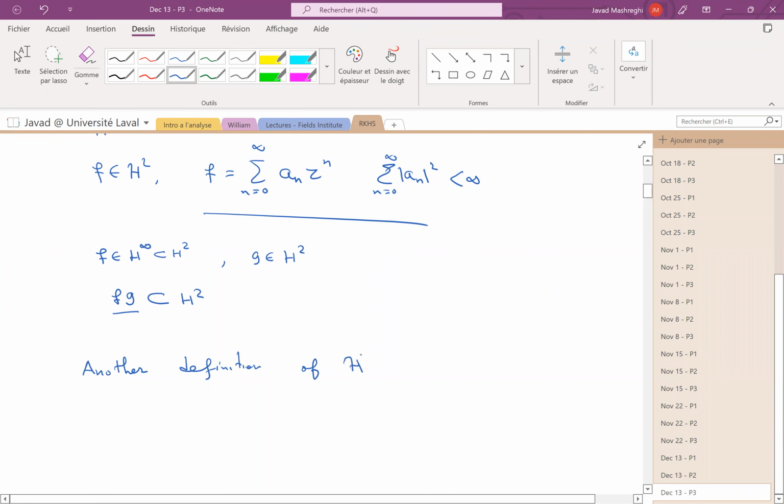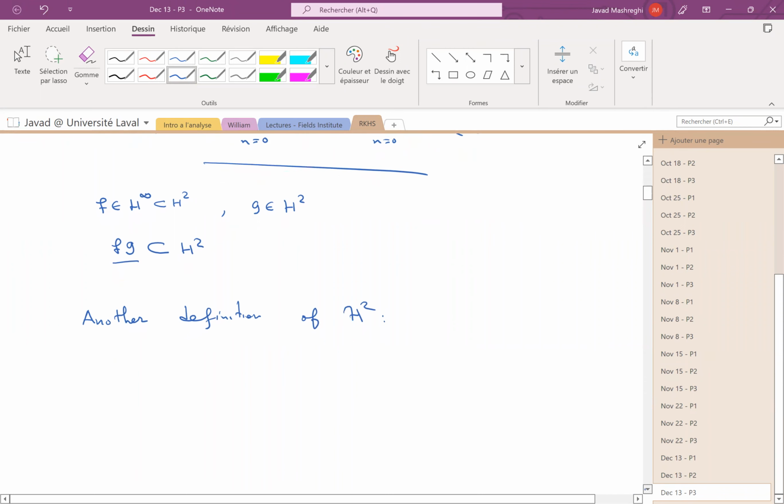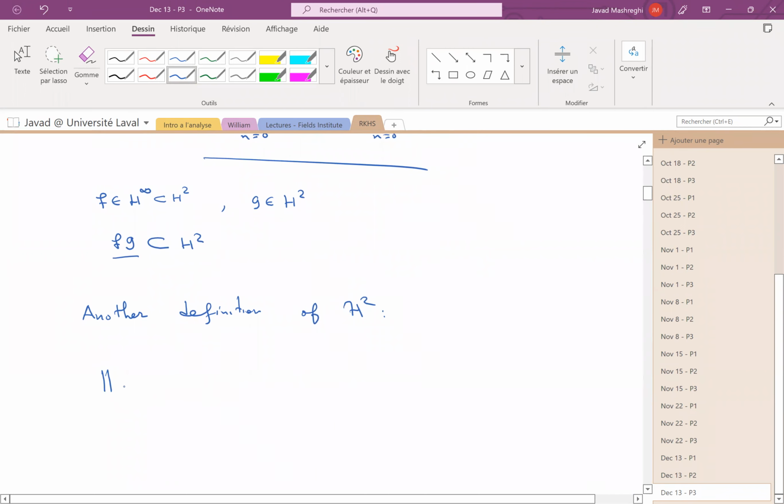Equivalent definition of H2. The norm of an element f in H2 squared was defined to be the integral from 0 to 2π of |f(re^{iθ})|^2 dθ divided by 2π. And here either you take the limit or supremum, they are the same in this case, over r between 0 and 1.